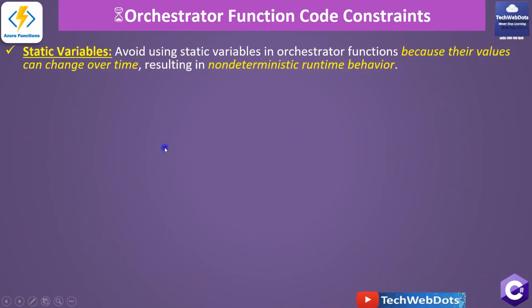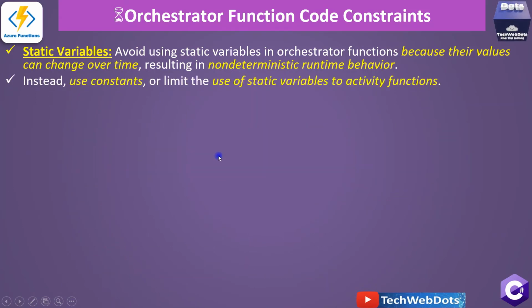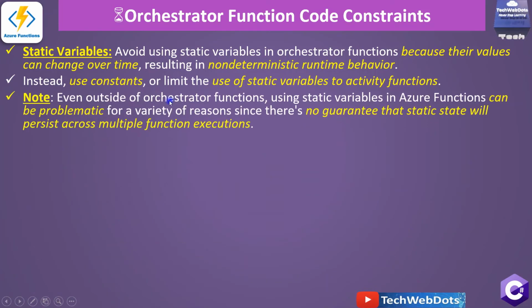Okay, the next part is the use of static variables. Avoid using static variables in orchestrator functions because their values can change over time, resulting in non-deterministic runtime behavior that we really should avoid when we are writing an orchestrator function. Instead, use constants or limit the use of static variables to activity functions only.